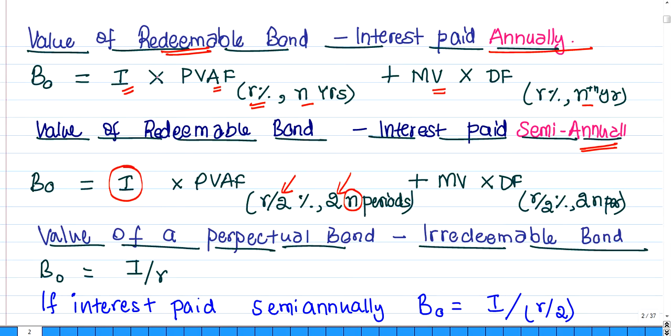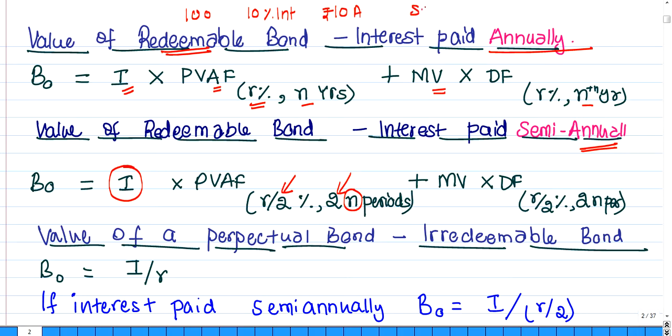Let's say for 100, 10% is the interest annually, so 10 will be the interest for a 100 rupees bond. 10% is the coupon rate, and 10 rupees is the annual interest.